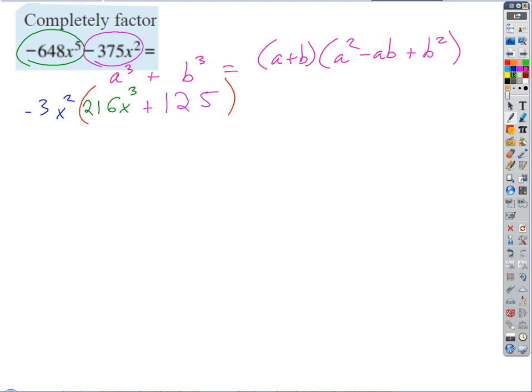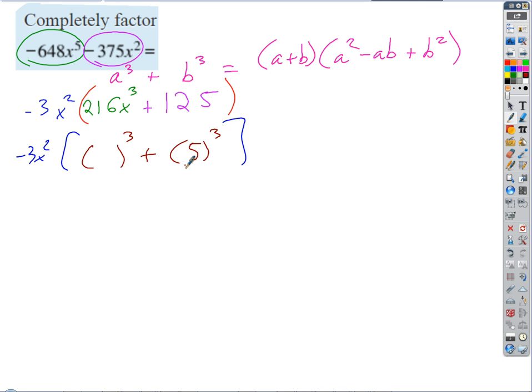Okay, so what have we got then? Out front, we've got this negative 3x squared, but could we write what's in the red parentheses as a sum of 2 things cubed? The second thing is what cubed? 5. Okay, what about the first one? What could I cube to get back 216 for the number and x cubed for the variable?